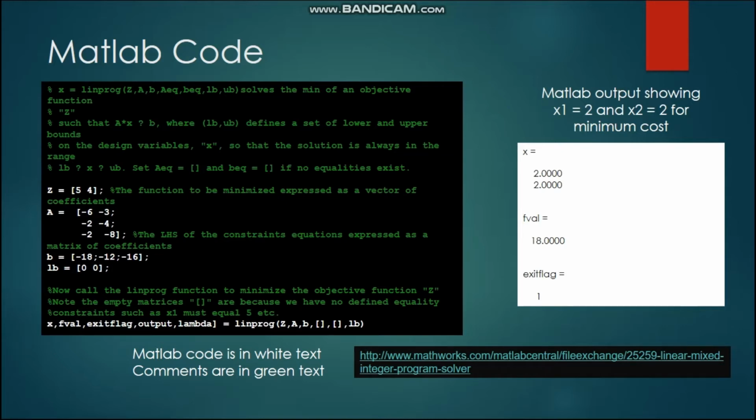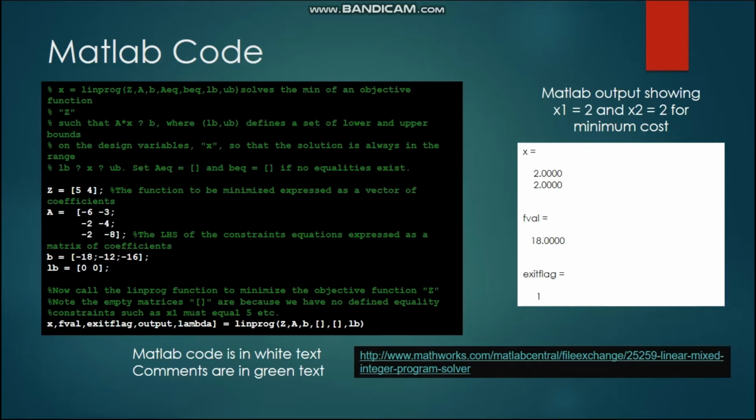Fval is the evaluated value of the function at the minimum value, using the actual values of x1 and x2 that give us the minimum cost. So fval reports that, and exitflag reports a number that tells you whether or not you have reached the optimum solution. So in order, I will show you how this is run, and then I will show you what the values of output, lambda, exitflag, etc. mean.